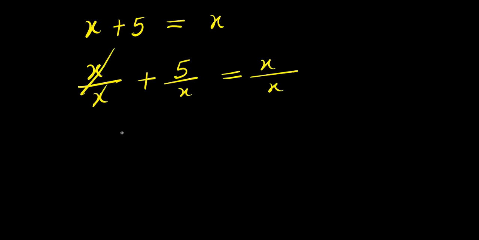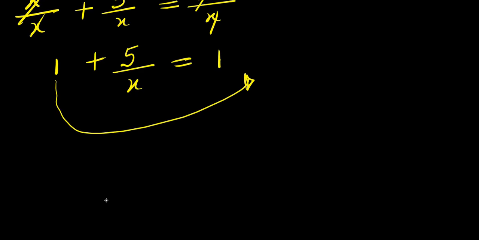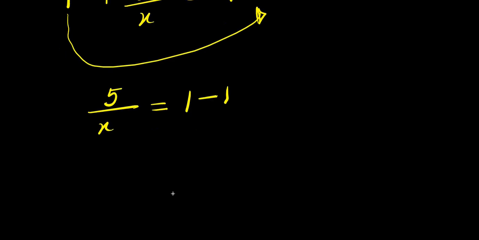So this divided by this, I have 1 plus 5 divided by x equals 1. When I move this 1 over here, I have 5 divided by x equals 1 minus 1, and 1 minus 1 is 0. 5 divided by x equals 0.